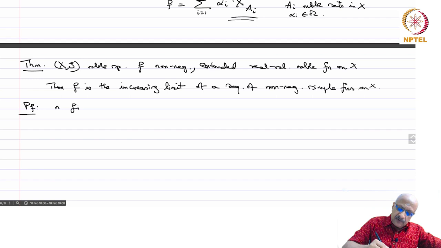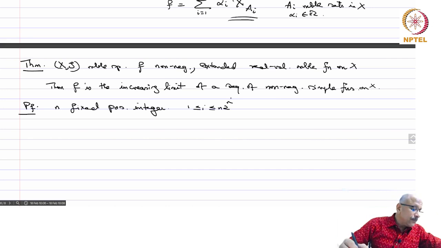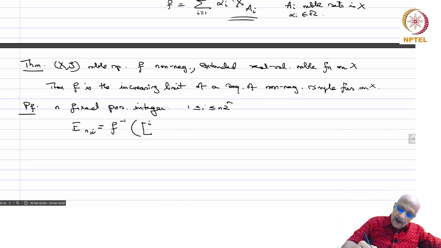Let n be a fixed positive integer. For 1 less than or equal to i less than or equal to n times 2 power n, define Eni equals f inverse of the interval from (i minus 1) by 2 power n to i by 2 power n, and Fn equals f inverse of the interval from n to infinity.